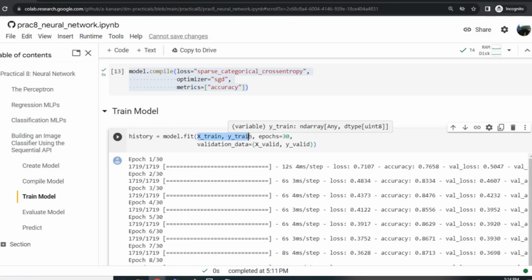Is it clear? So again, epoch is the number of times the neural network is going through the entire training data. Then, this is why we splitted our data earlier into a validation set. So here you can pass the validation data as well, so that the neural network can do validation after training for each epoch. For each epoch, it's going to calculate the validation score.